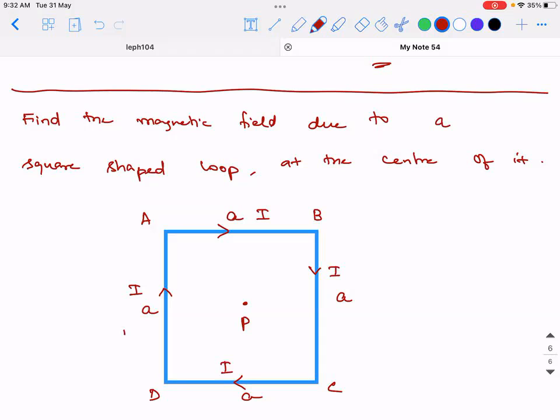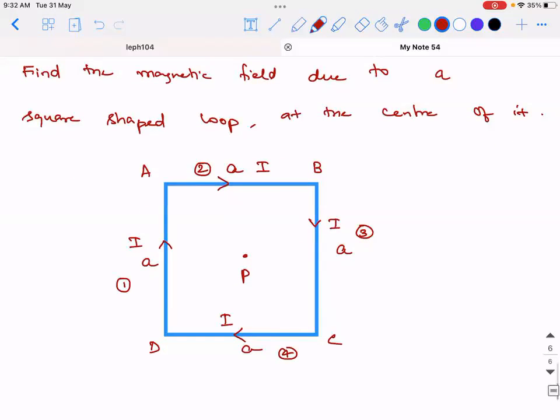If I take this as conductor number 1, 2, 3, and 4, we'll see.